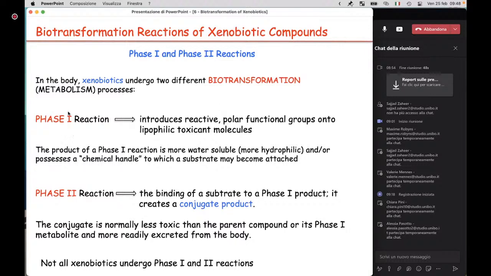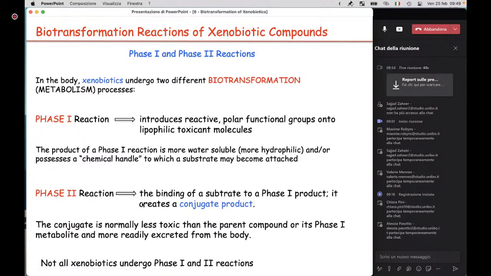We have a lot of different phase 1 reactions and a smaller number, but still many phase 2 reactions. Of course, not all xenobiotics, not all toxicants will undergo all phase 1 reactions and then all phase 2 reactions, because enzymes, as you may remember, are specific for some substrates.